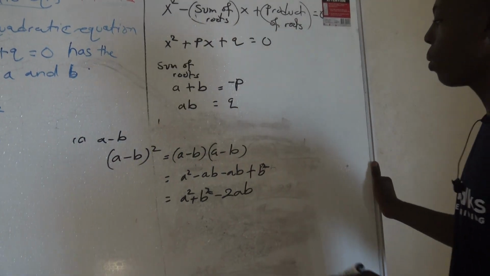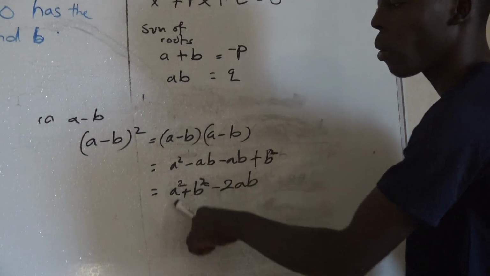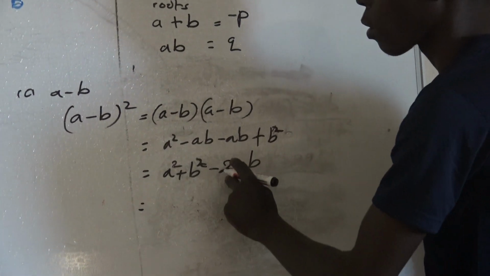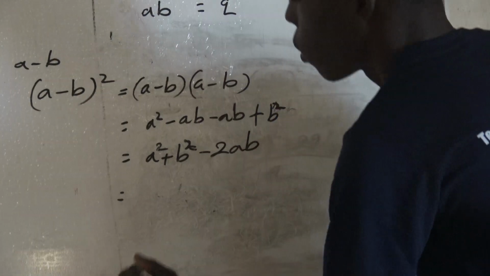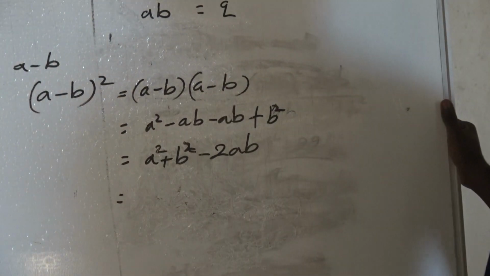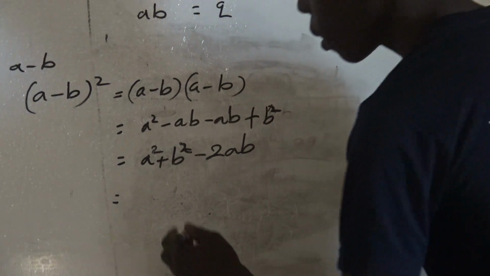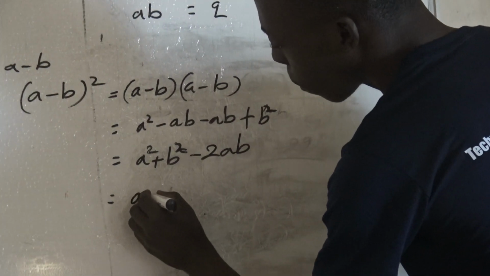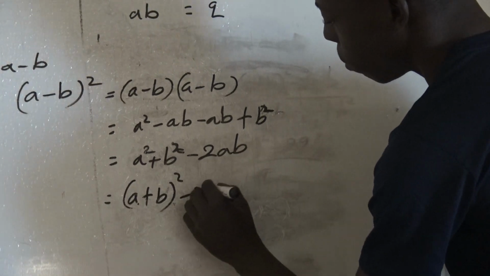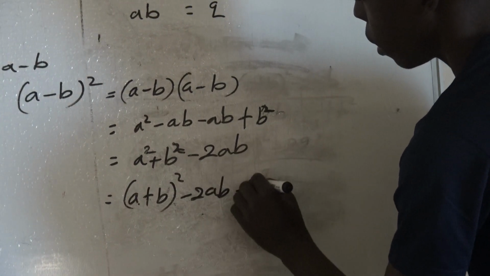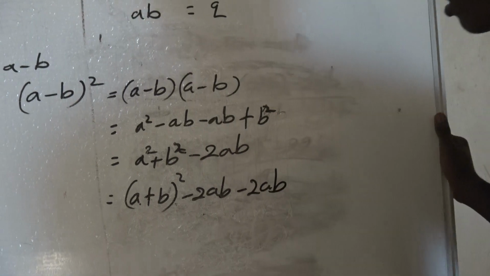Since we know what we got earlier, we can just substitute. We said a squared plus b squared is the same as a plus b, the whole thing squared, minus 2ab, then again here minus 2ab.